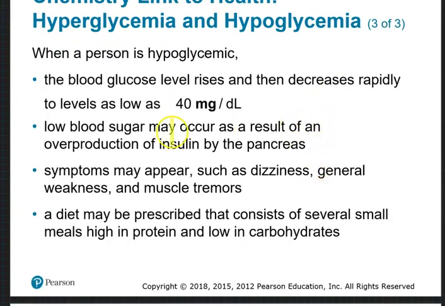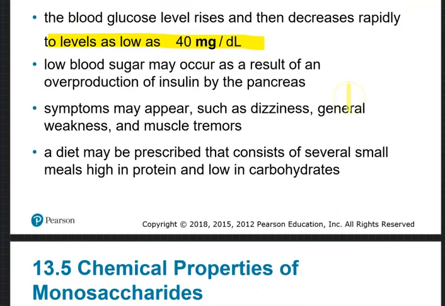So hypoglycemia, when people have very low blood sugar, okay. Pancreatic tumor sometimes may result in overproduction of insulin by the pancreas. Usually it is that. And when you don't have enough sugar, you have dizziness and muscle tremors.